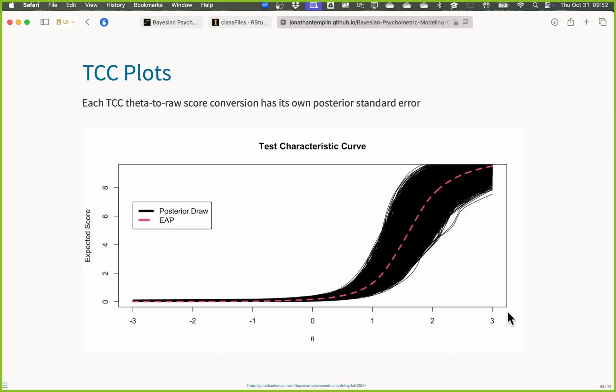And what you can see with this is consistent with what we saw with some of our other plots that I think we got into before. For instance, when we calculated the item characteristic curve, we saw a bunch of error around it too. But here what we can show is, remember, this is a scale where the theta represents a person's tendency to believe in conspiracy theories.